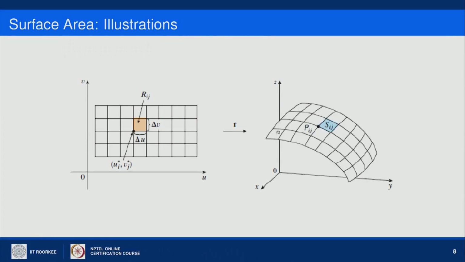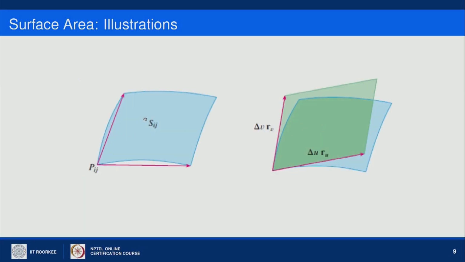Suppose I am having this surface and this Sij is an elementary surface, as I told you Sk. Okay. I am taking a point Pij. At this particular point my surface will be like this, okay, and this will be the tangent plane at this particular point.